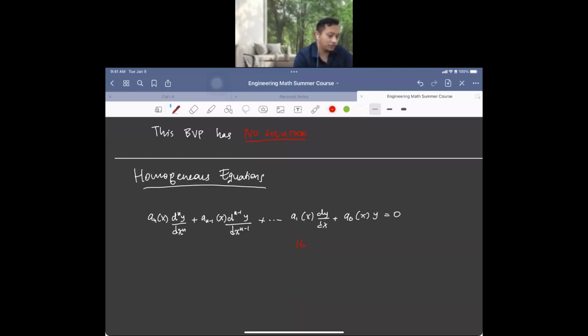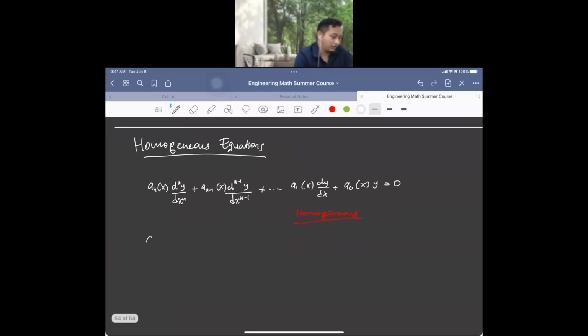We call this homogeneous. And if you have another expression on the right side, we call this non-homogeneous.